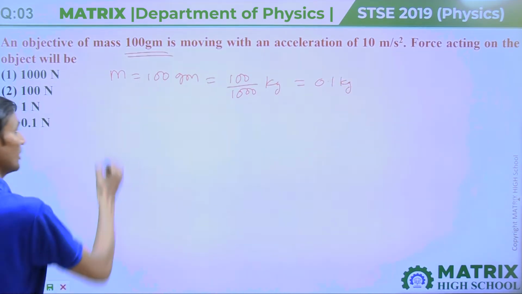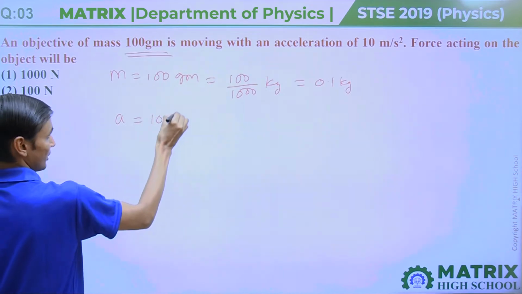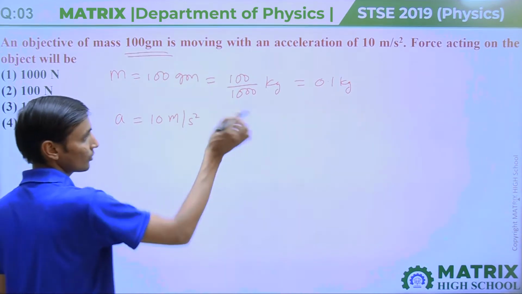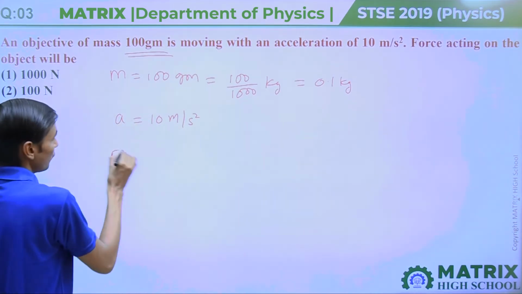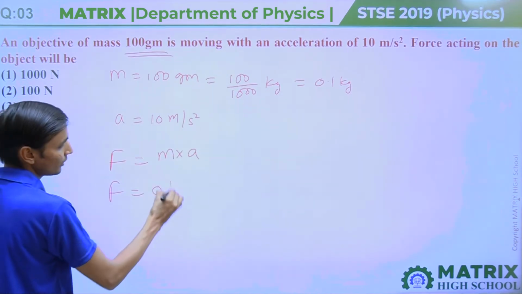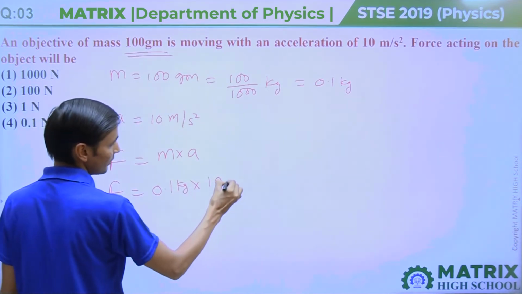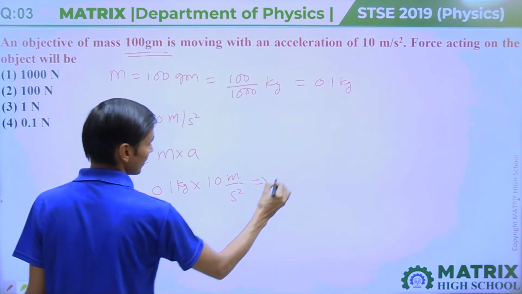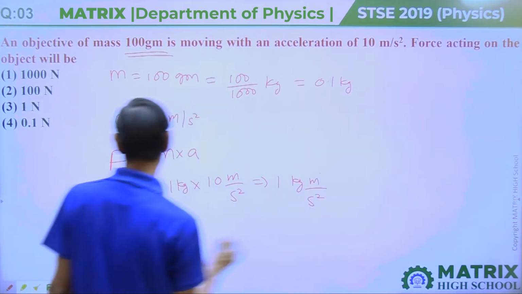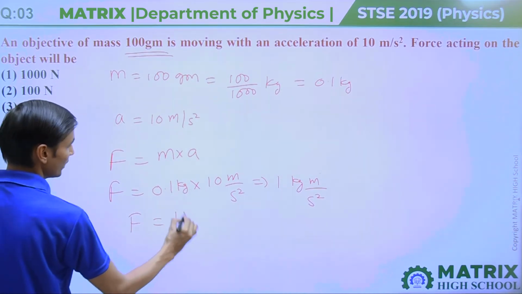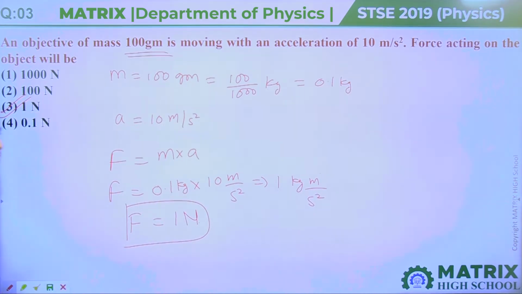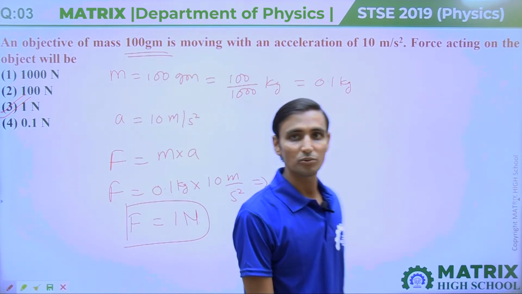The force acting on the object will be force equal to mass into acceleration. Here mass is 0.1 kg and acceleration is 10 meter per second square. Then it will come out 1 kg meter per second square. So force equals 1 Newton. So our answer will be option 3.